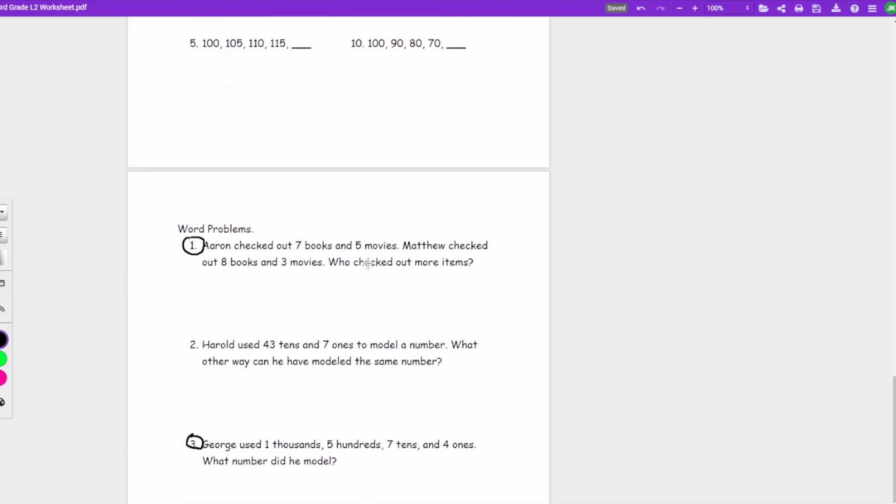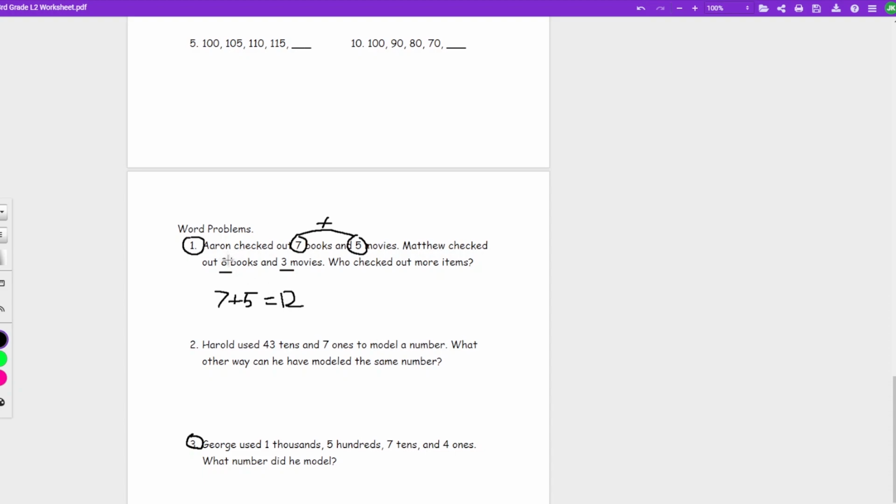And I'm going to do these two word problems. Aaron checked out 7 books and 5 movies. Matthew checked out 8 books and 3 movies. Who checked out more items? So I'm going to circle the ones that Aaron checked out, and I'm going to underline the ones that Matthew checked out. So I'm going to add these together. 7 plus 5 is 12.